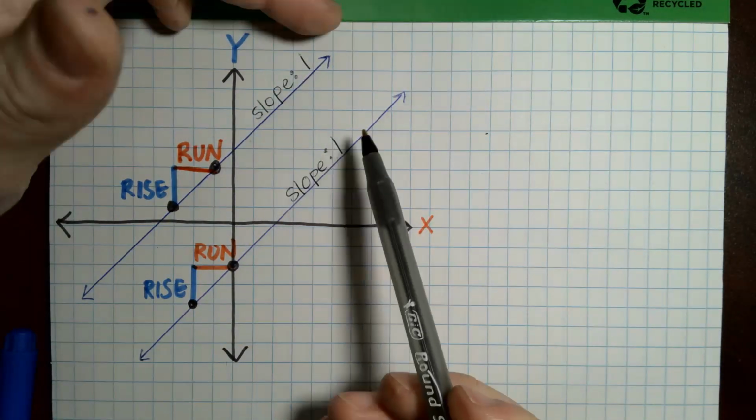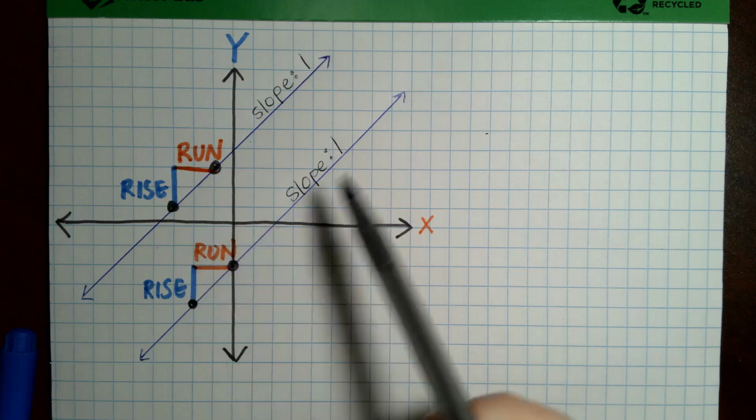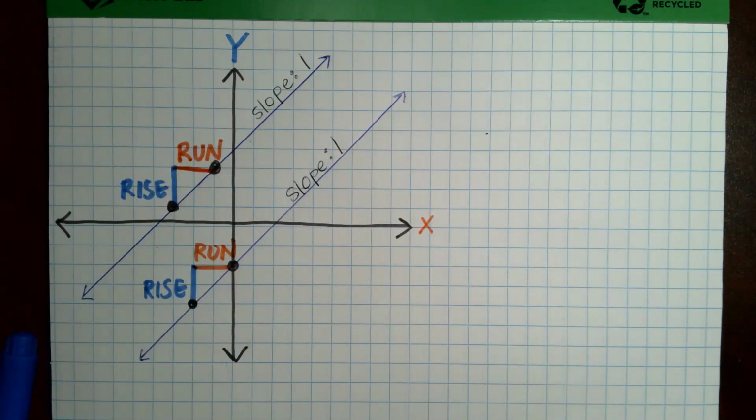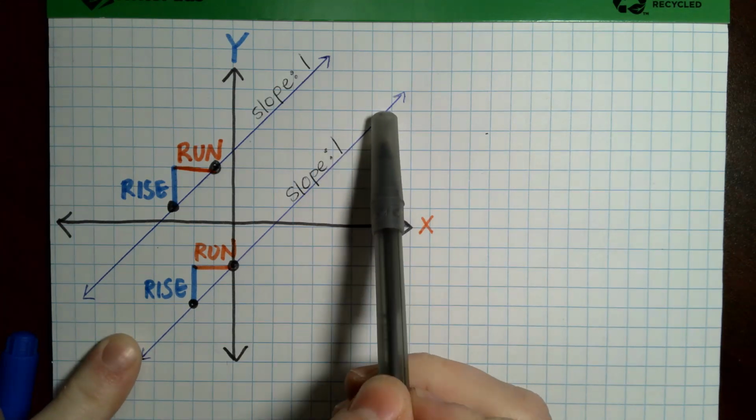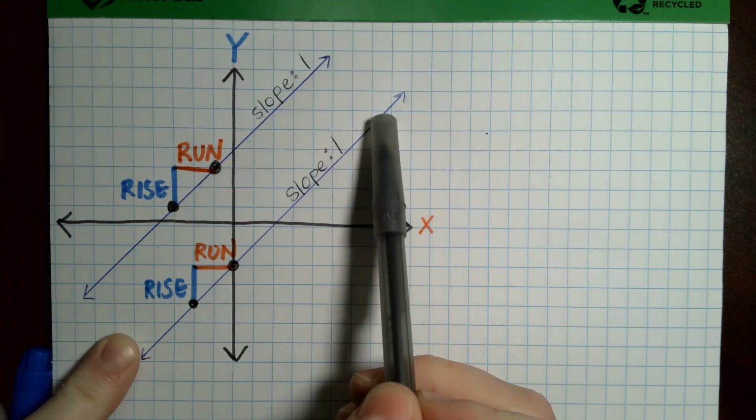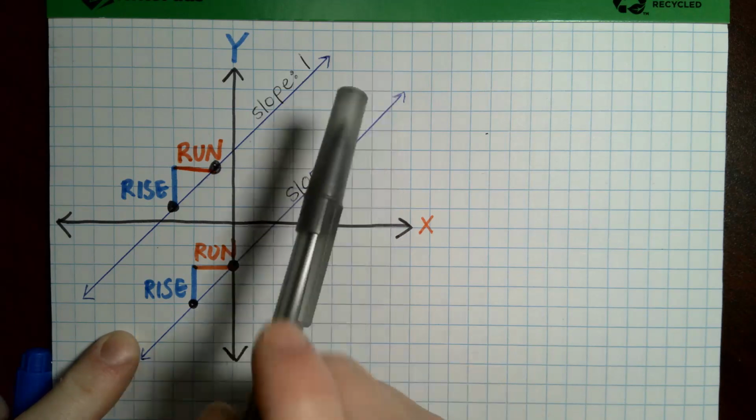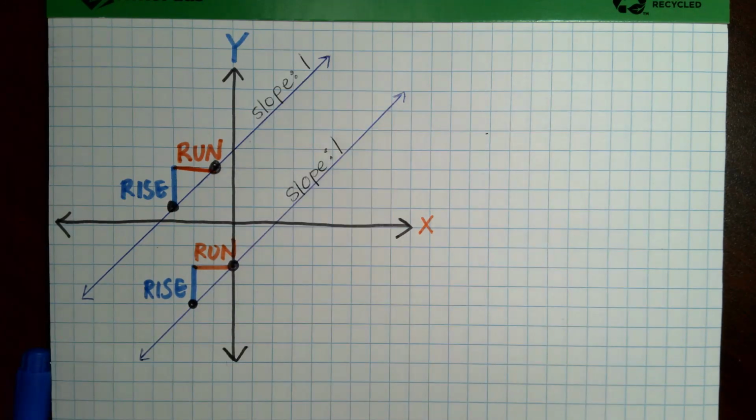So anytime two lines are parallel, they will always have the same slope. They will never, ever have a different slope. If these lines didn't have the same slope, then they would not be parallel. That is a rule that will never change. It's like a law. To be parallel, they must have the same slope.